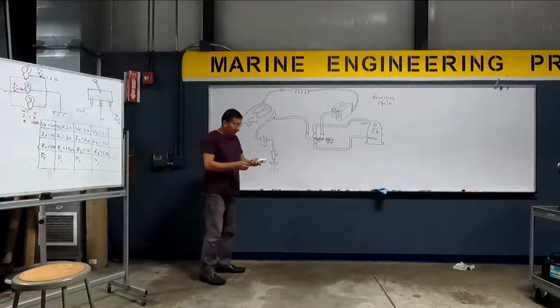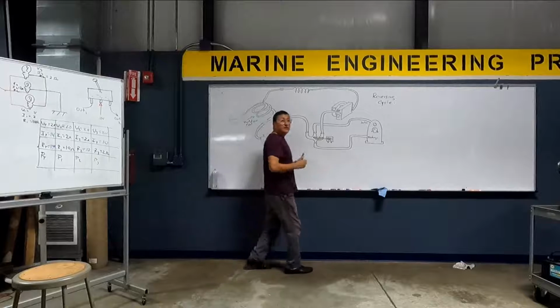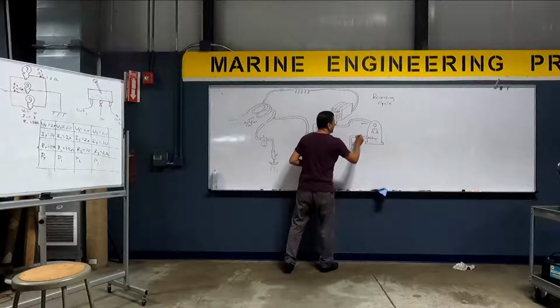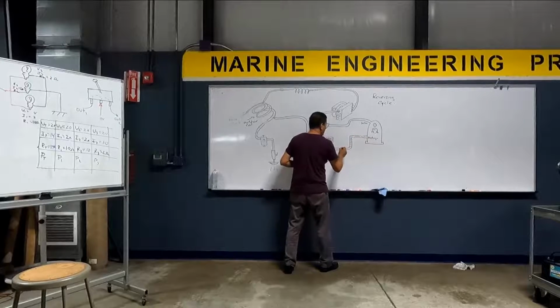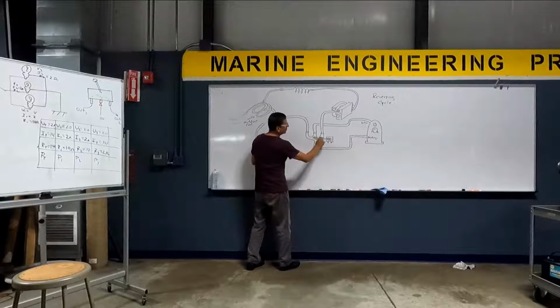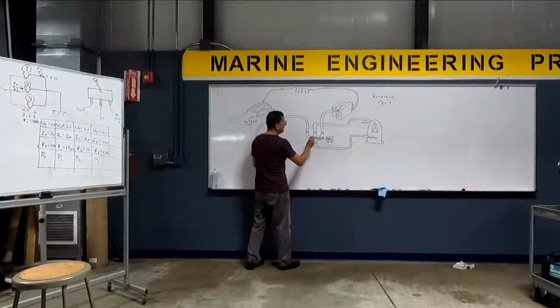Normally the high pressure, high temperature vapor goes here, and now this metallic element is closing this and this. What happened?